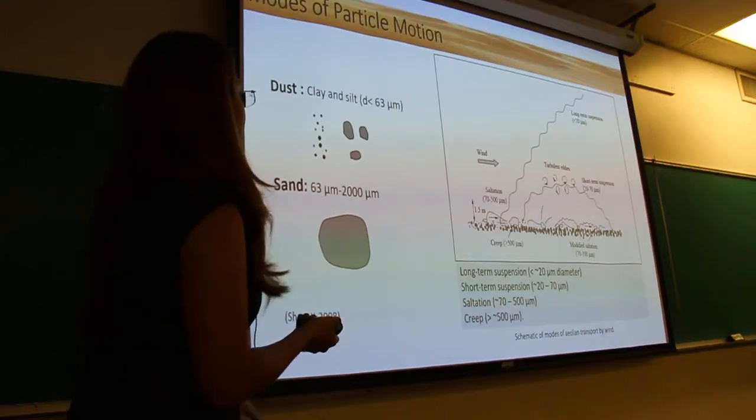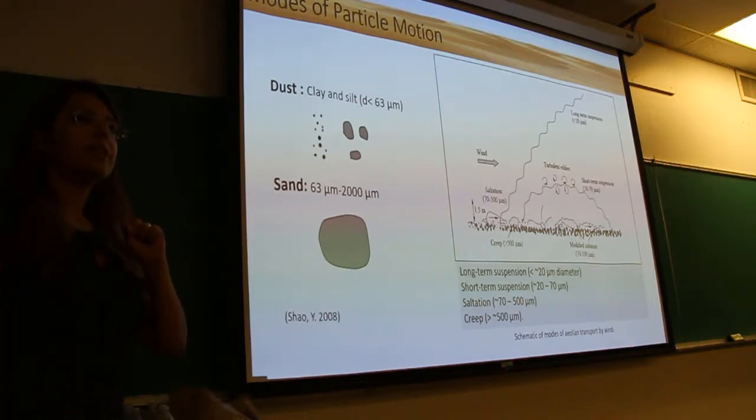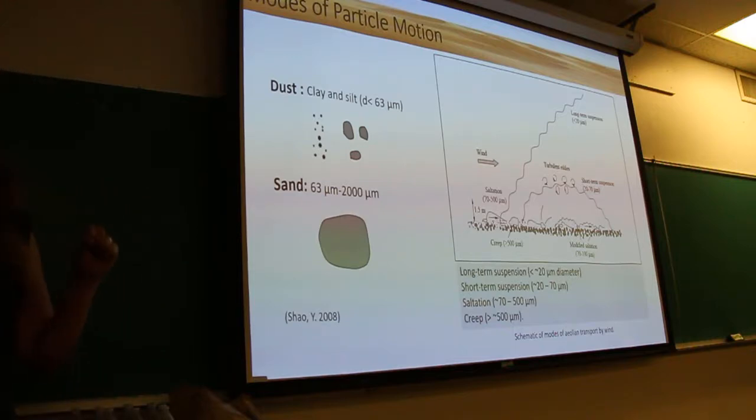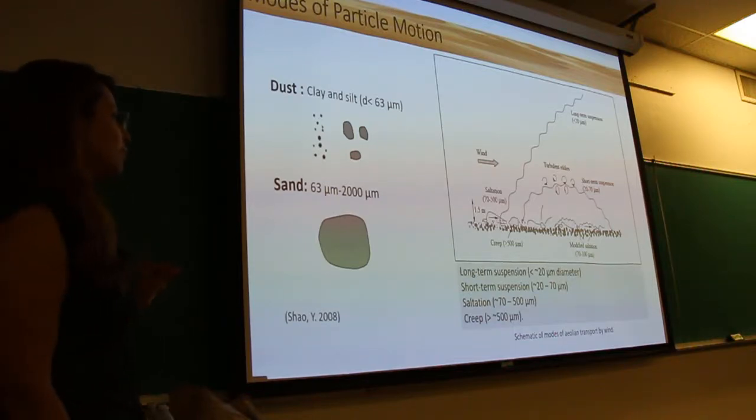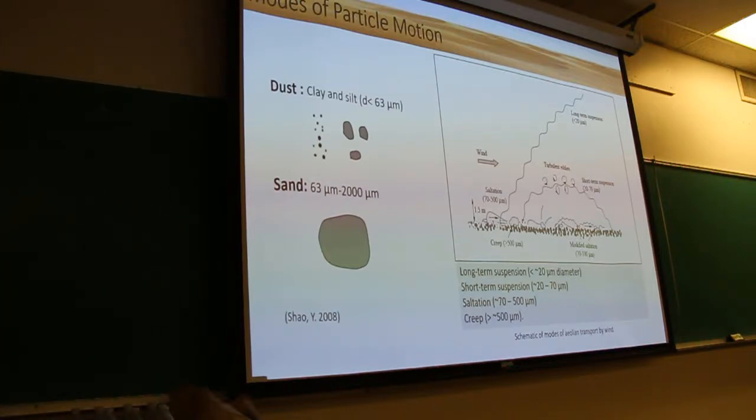Really fine particles usually remain suspended in the air for a long time, but slightly bigger particles with diameters between 20 and 70 micrometers usually remain suspended for a short time, several hours.